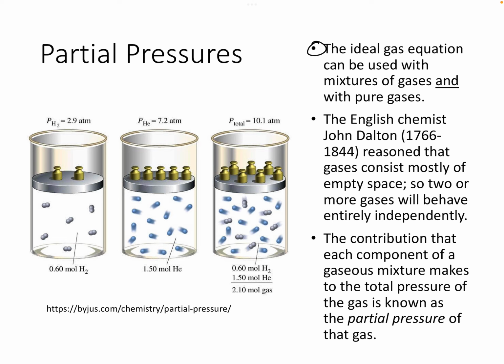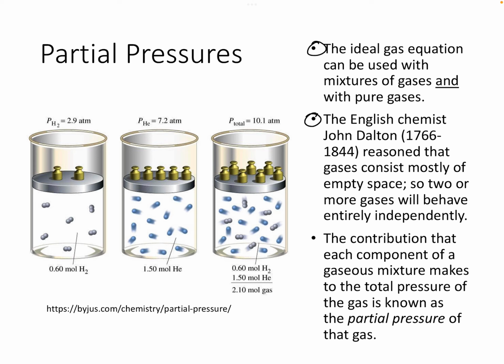And there was an English chemist named John Dalton back in the 1800s, and he reasoned that since gases are mostly empty space because they're so far apart from each other, the little molecules, two or more gases are going to essentially behave independently of each other.